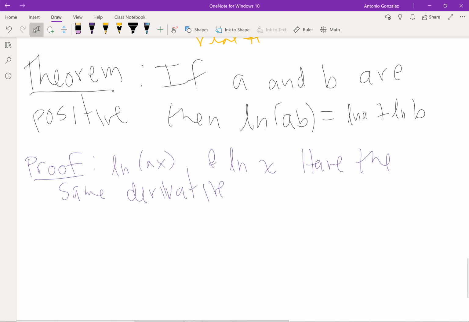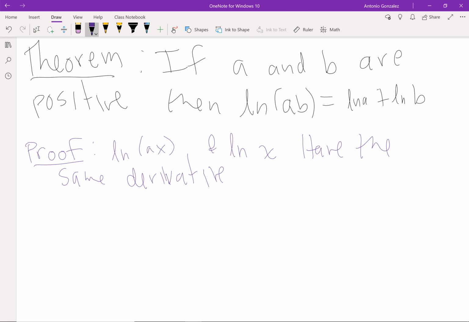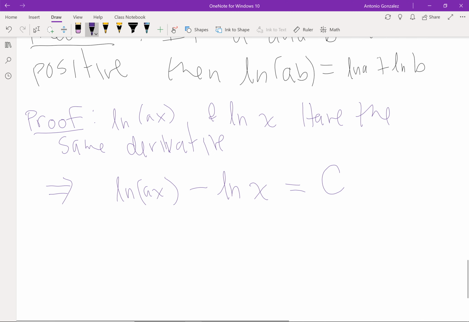In other words, the fact that these have the same derivative implies that the difference of both of them must be equal to C. And again, keep in mind, we're dealing with positive values for x. Okay. So now let's see if I can find what that constant C must be.